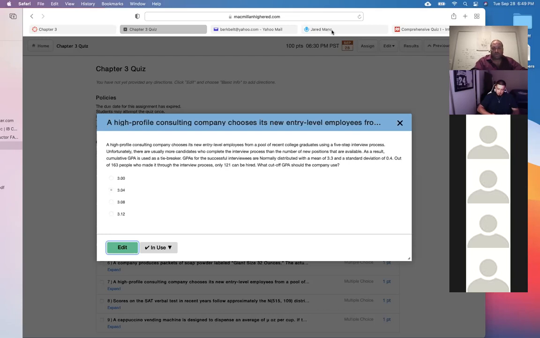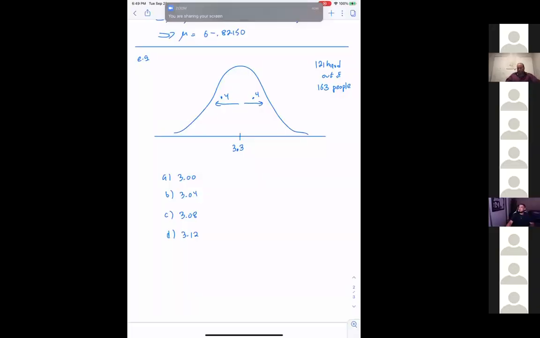So I'm going to stop sharing a computer right now and start sharing on here. And the question is, how do I solve for this? So remember, it's all about area. It's all about probabilities. It's all about percentages. 121 hired out of 163.